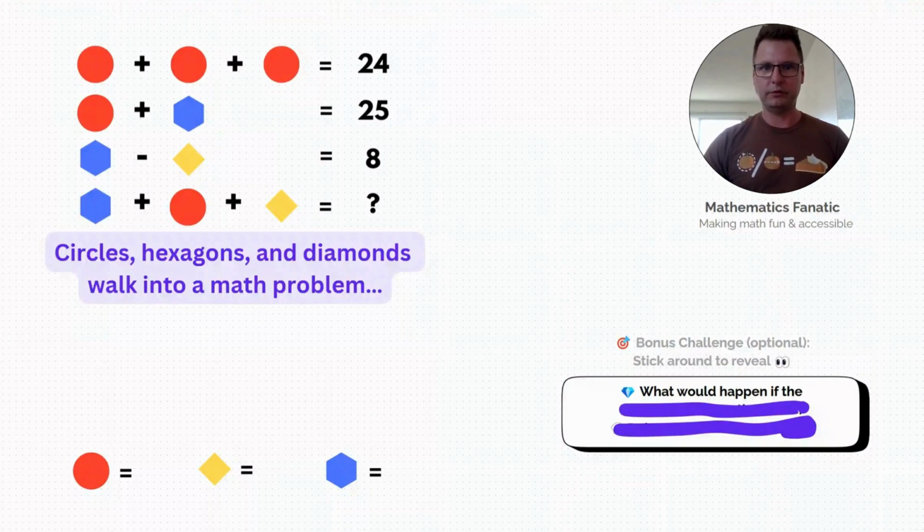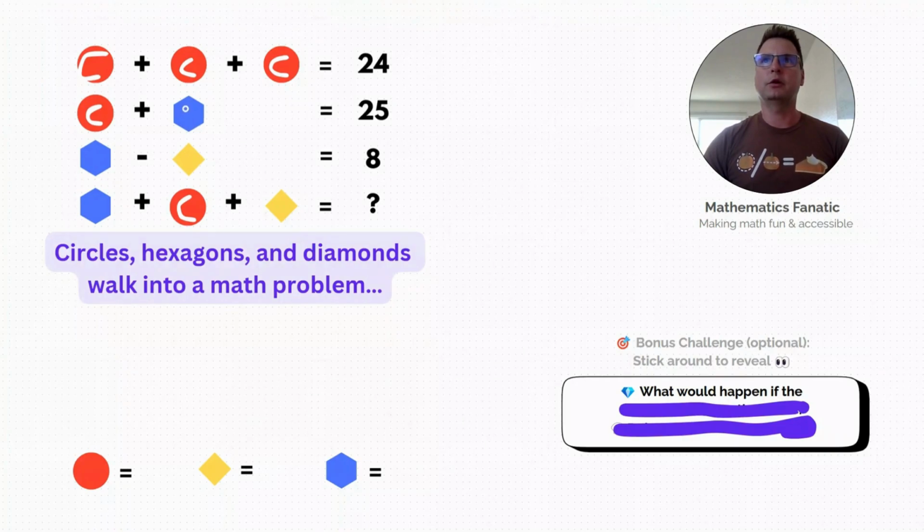Let's start by assigning each of these shapes a variable name. So, how about C for circle? And then, what is the name of a shape with 6 sides? A hexagon. You got it.